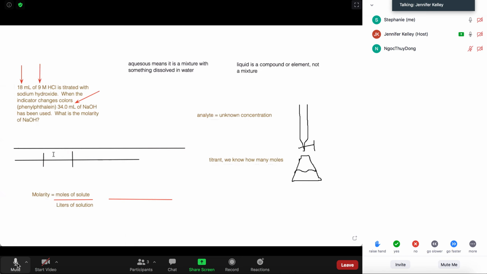So we know that our second step is always to go to moles of something. We don't necessarily know moles of what yet, but moles of something. So in the first step, we have something converting to moles. We have two options here.